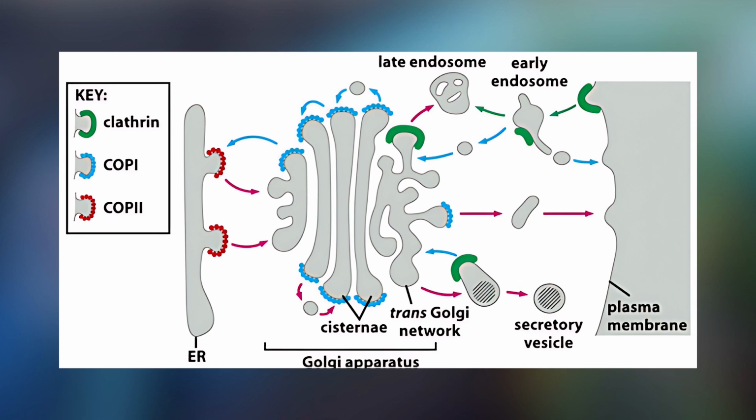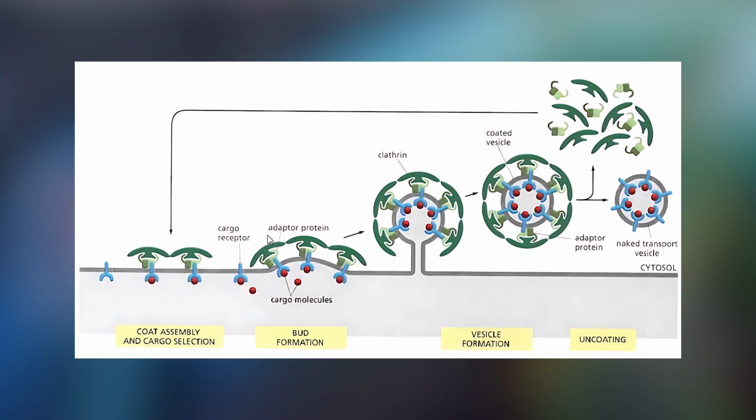And finally, clathrin is used to move between other components of the endomembrane system, including the plasma membrane, endosomes, Golgi to secretory vesicles, and so forth. So they're used in different parts of the endomembrane system, but I'm not really going to worry too much about the distinction between them. They're different proteins and they have their own specific functions, but the basic idea is that they form a little cage surrounding the membrane that will form the vesicle, which helps to pinch it off and then pull it into a distinct unit.